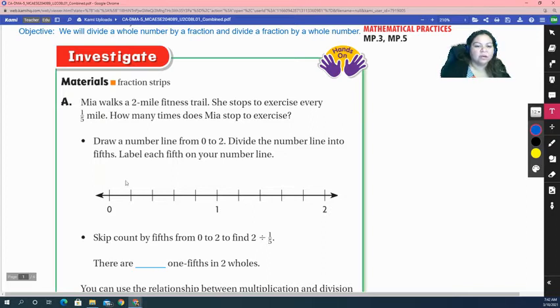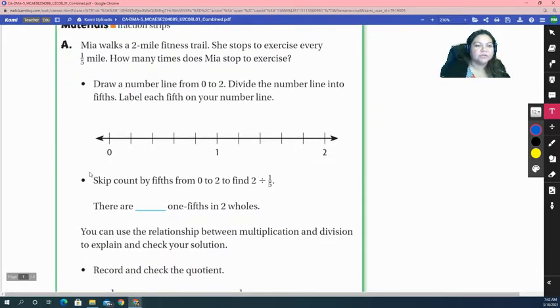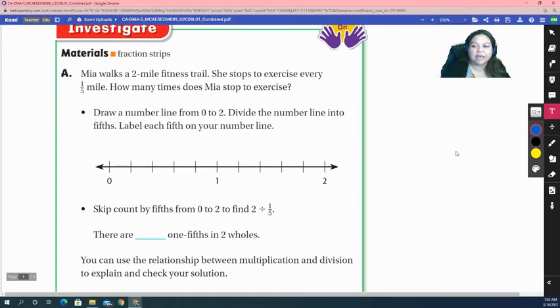And so we're going to divide the number line into fifths, okay? Because she stops every 1/5 mile. So that means that we're dividing into fifths. So this will mean that this is 0. The 1 would be 5/5 because that's the same as 1.